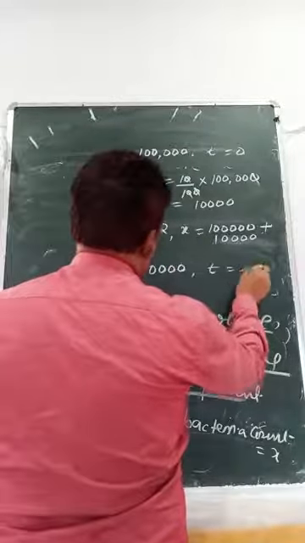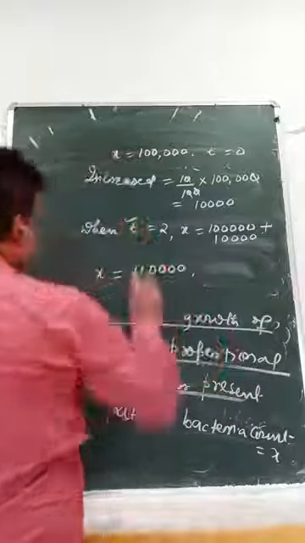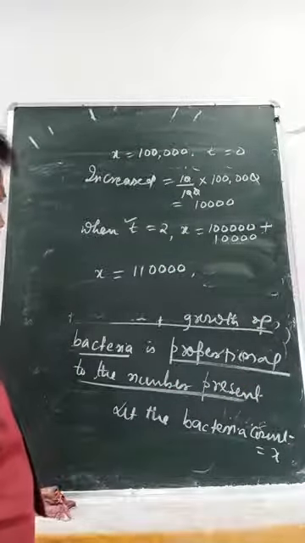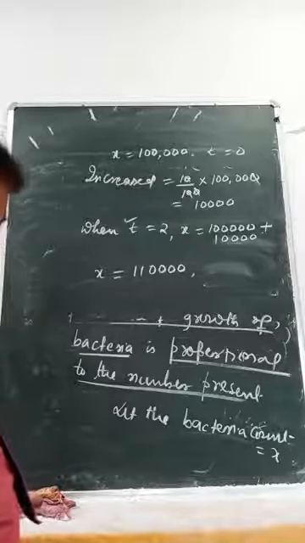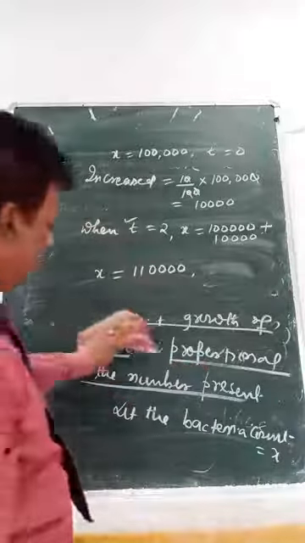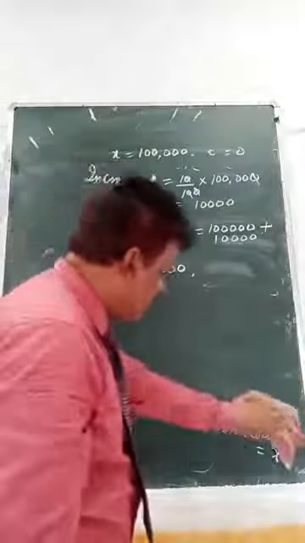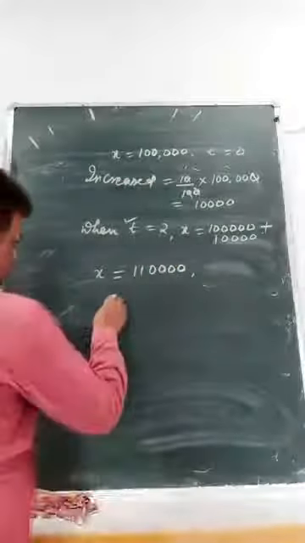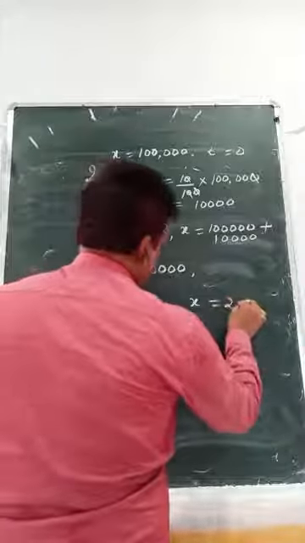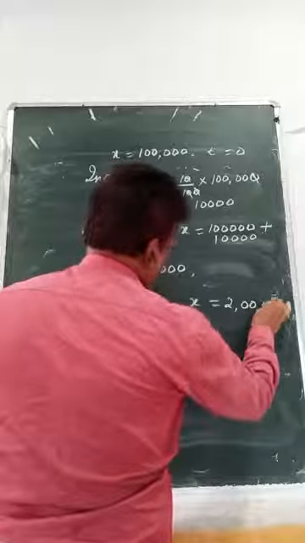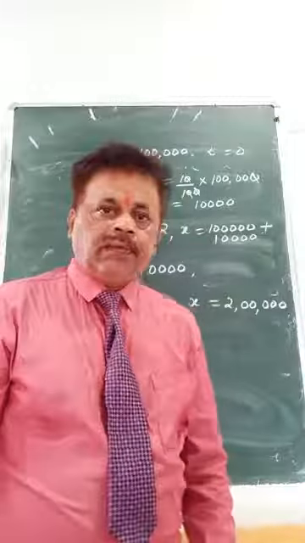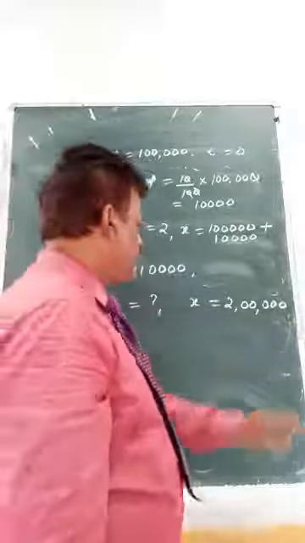Time equals 2. Carry the 2 here. Now growth of bacteria means dx by dt. Also X will be 2 lakhs at the time we want. After how many hours will it be 2 lakhs?